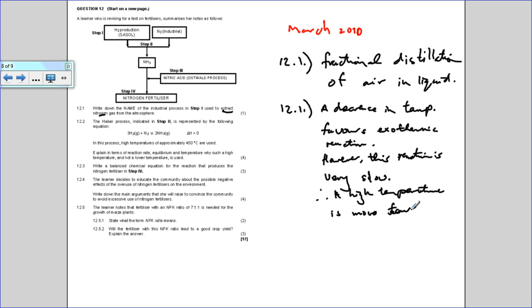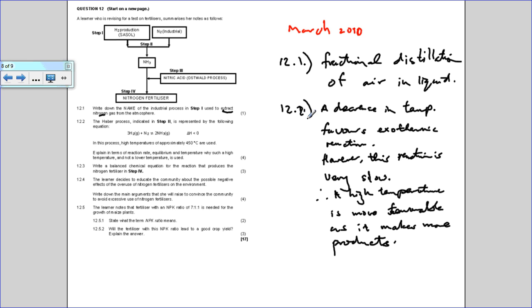More favorable as it makes more products. Okay, something to that effect.